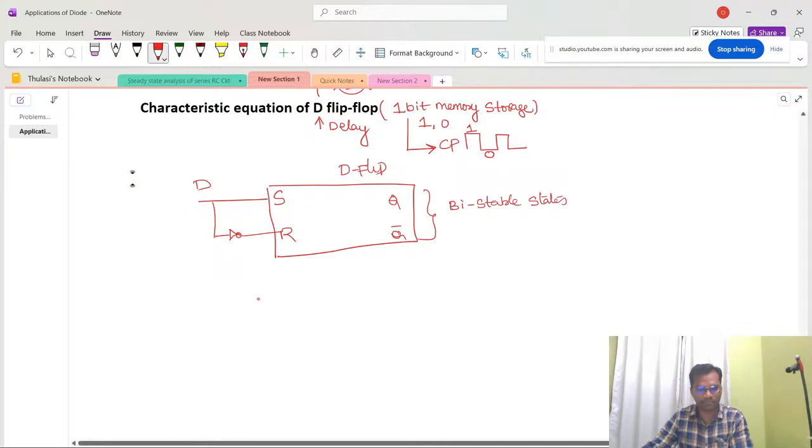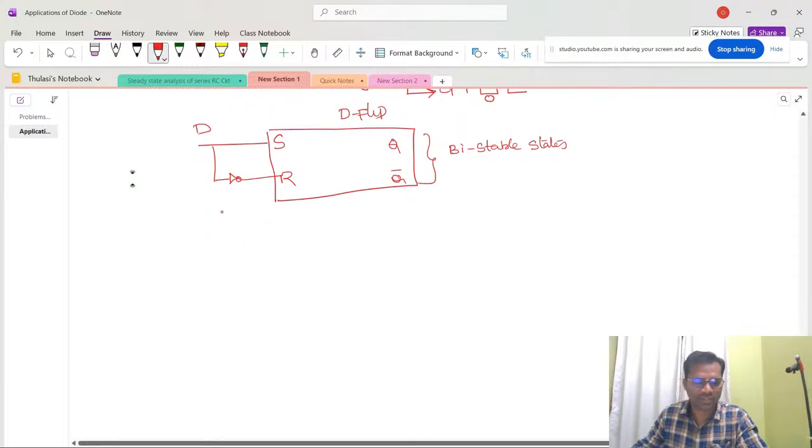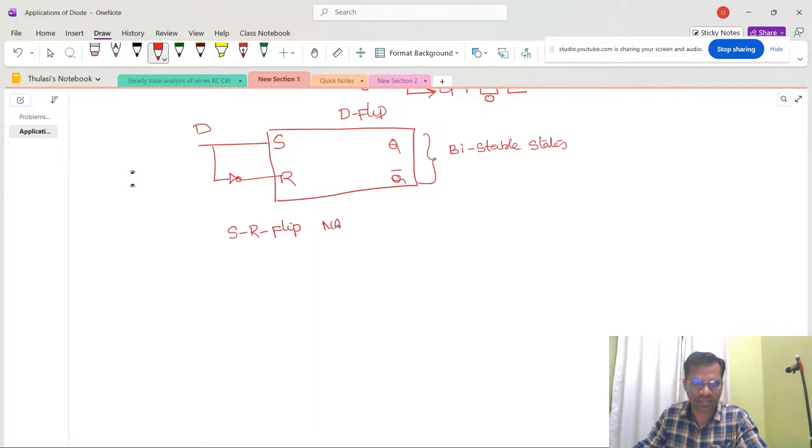Now if you want to draw what is inside this SR flip-flop using NAND gates, let us discuss. We already discussed the NAND gate output. Now let's redraw it.